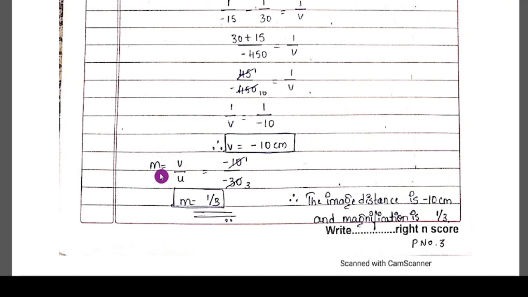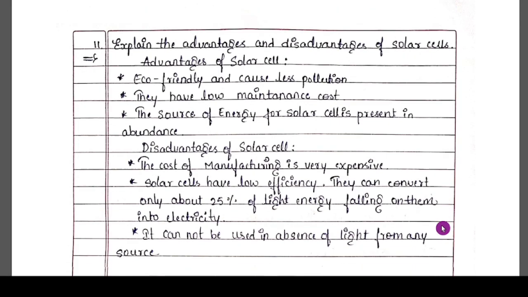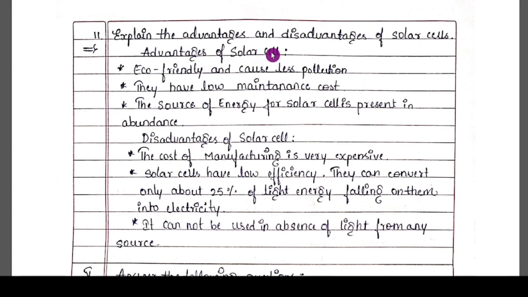The zeros cancel, and the minus also cancels, so the answer is 1 by 3, that means 0.333. So the image distance is minus 10 centimeter and the magnification of the lens is 1 by 3, that means 0.33.